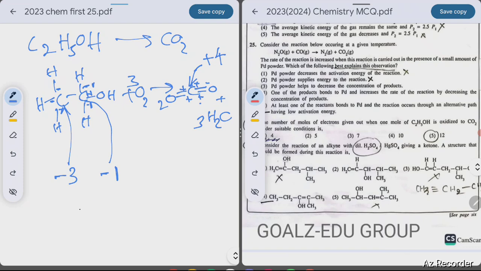So, what has happened? Minus 3 to plus 4, it has oxidized. And minus 1 to plus 4, it has oxidized. So, minus 3 to plus 4, how many electrons should be given for that?